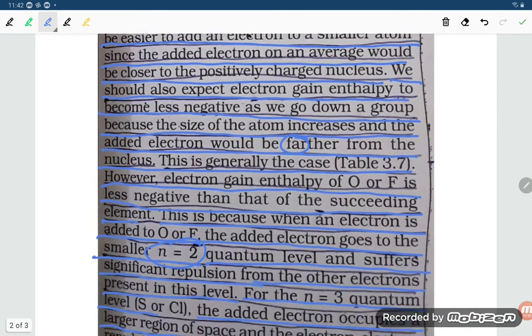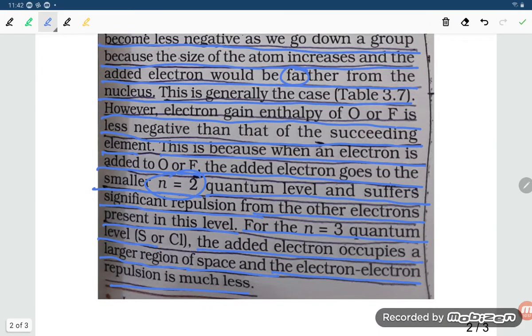Here they have written that the electron gain enthalpy of oxygen or fluorine is less negative than that of the succeeding element. This is because when an electron is added to oxygen or fluorine, the added electron goes to the smaller n equal to 2 quantum level and suffers significant repulsion from the other electrons present in this level, whereas for n equal to 3 the added electron occupies a larger region of space and electron repulsion is less.